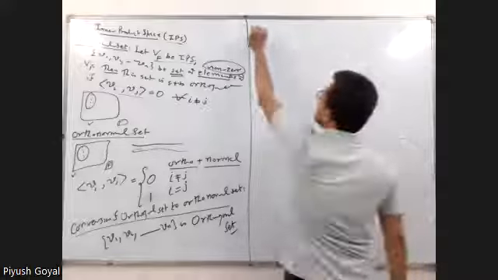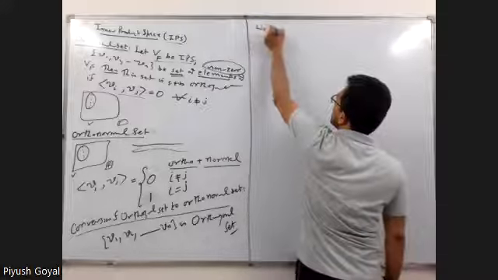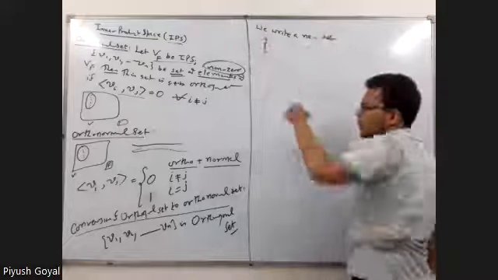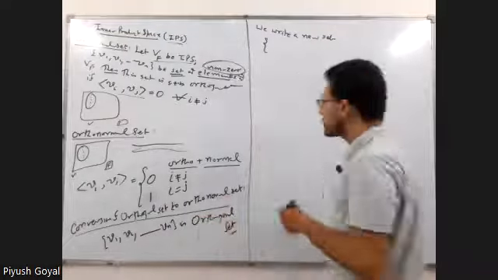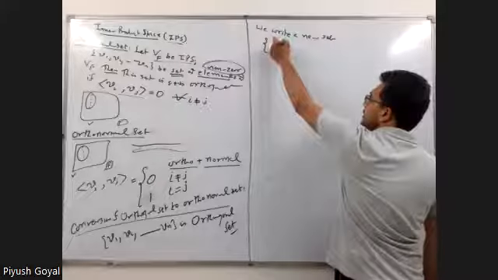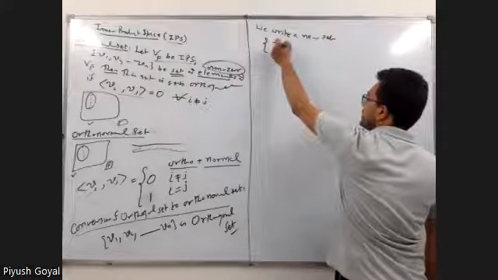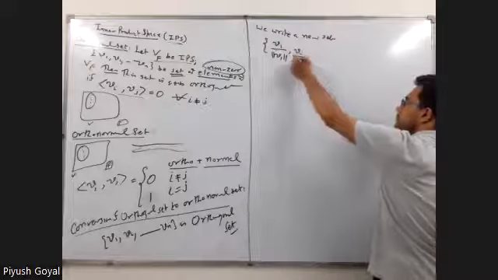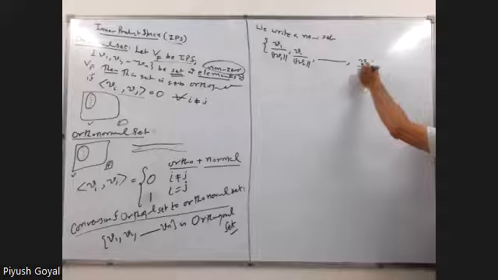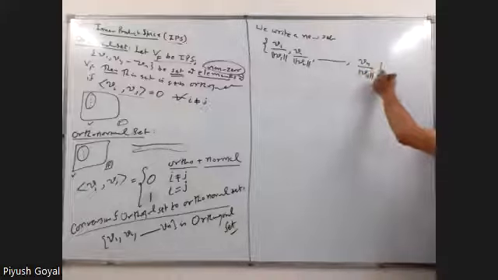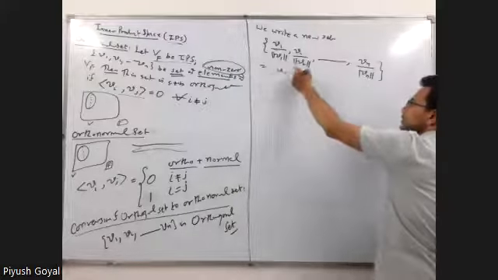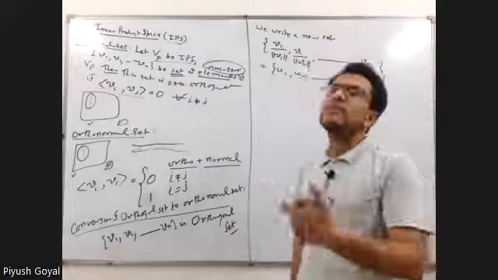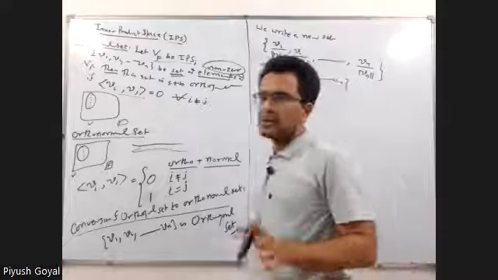What you do is we form a new set: v1 upon v1 norm, v2 upon v2 norm, up to so on vn upon vn norm. Say this is u1 u2 up to so on un. Just a standard notation. In many books it is written e1 e2 up to so on. Doesn't matter at all.